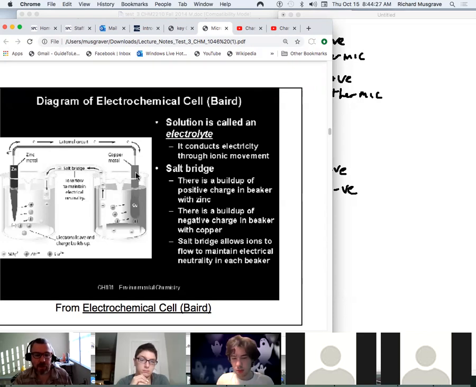So copper, on this side, you can see the opposite's happening. It's a little bit subtle in this diagram and easier to see in the color diagram, but this is actually getting fatter. So copper is actually plating on the surface of the copper metal. This is getting thicker over here with the copper.